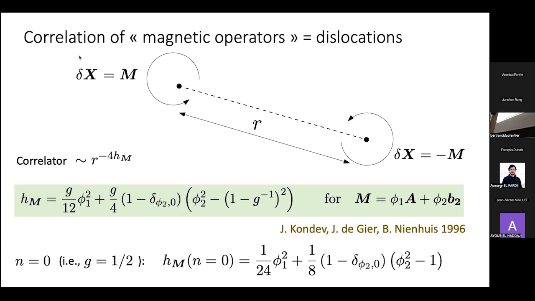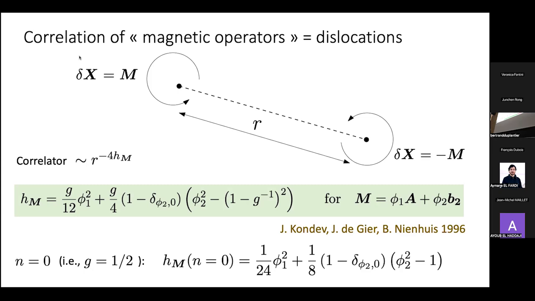So we started to look at defects at a distance R. A defect will be a certain jump of height, locally enforced by a geometrical defect. The jump of height would be delta x, which we call m because it's like magnetization in the Coulomb gas approach. And of course, if you have a defect, you have an anti-defect, minus m, at the other extremity.